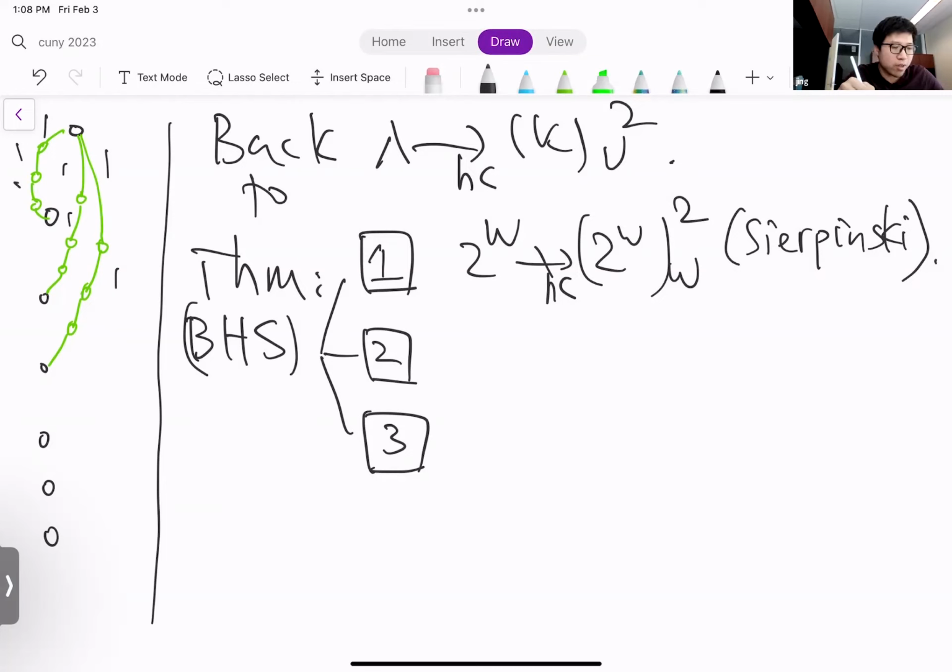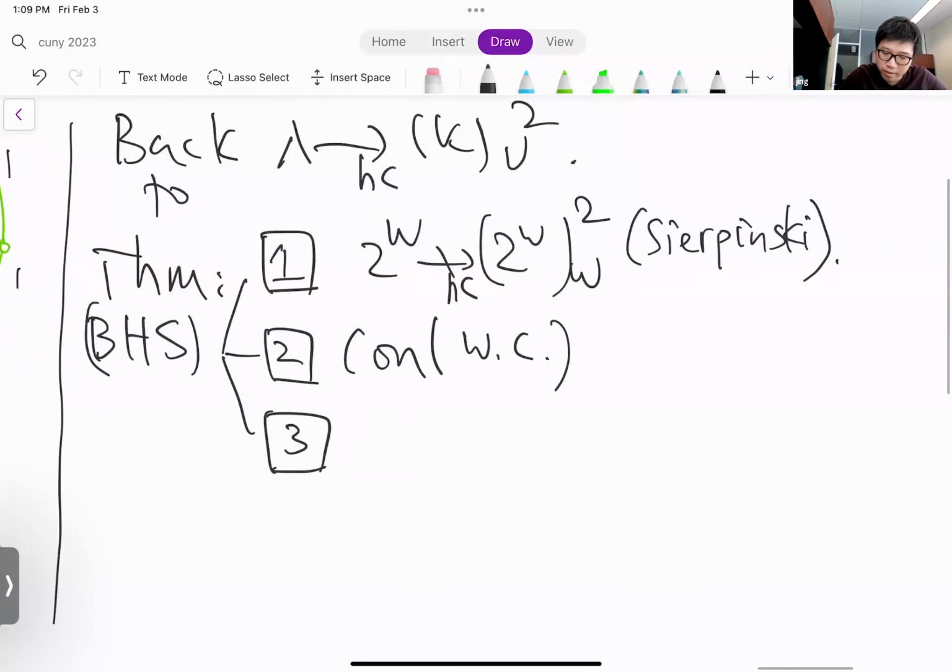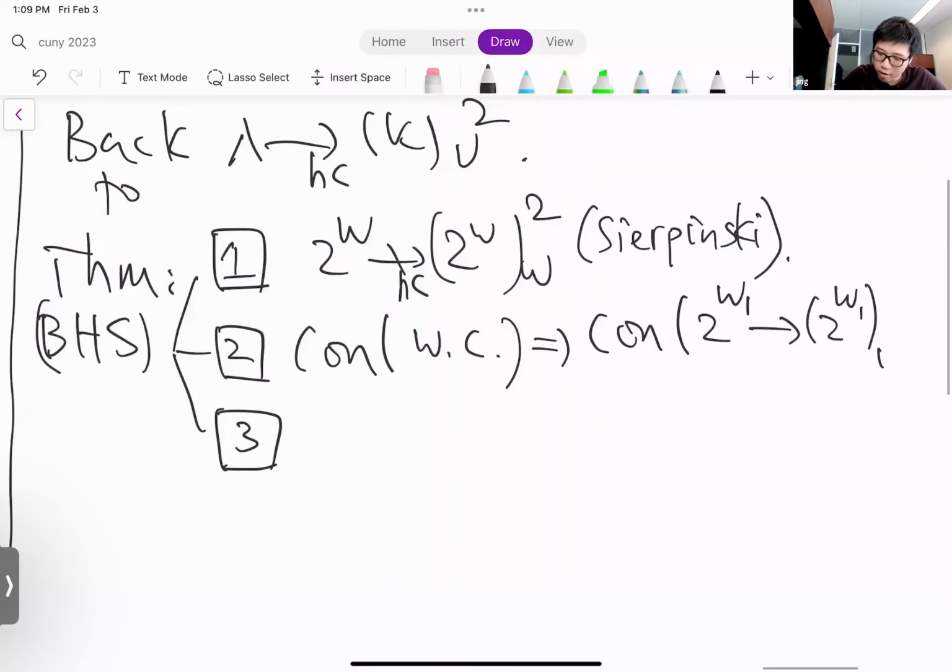So the following results that I'm going to say are suggesting that this result is sharp in various senses. So if you assume the consistency of a weakly compact cardinal, you can get the consistency of 2 to the omega 1 arrows 2 to the omega 1, omega 2, HC.